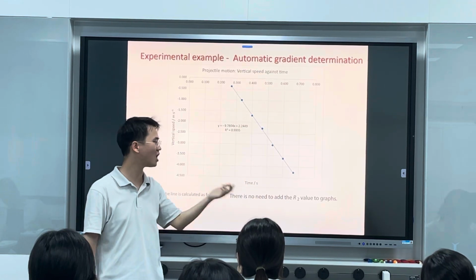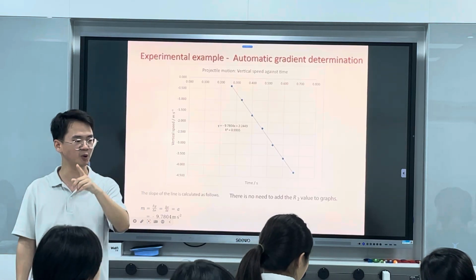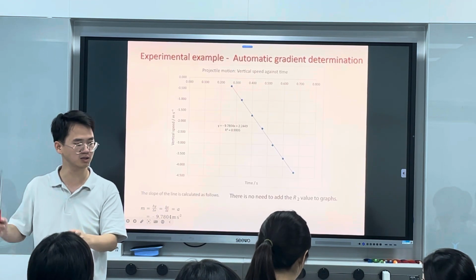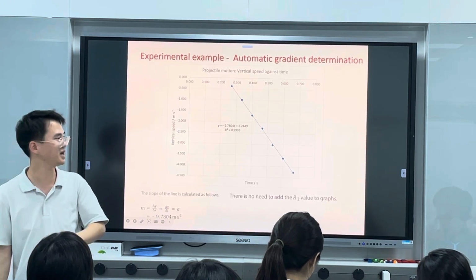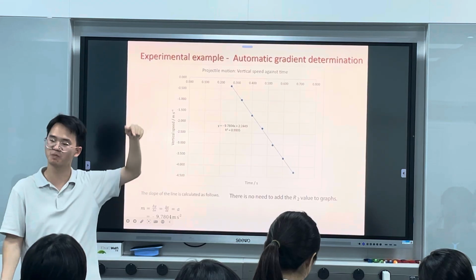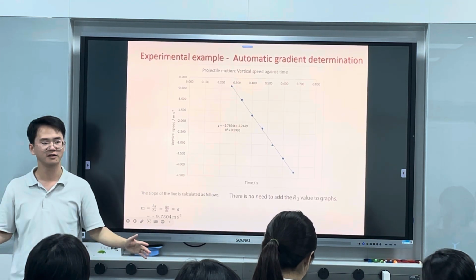R2 value, or R squared value, is a number between 0 and 1. The closer it is to 1, the more perfectly the model fits. If it's 1, then it's perfectly fitting your data points. If it's 0, then it's not fitting at all.